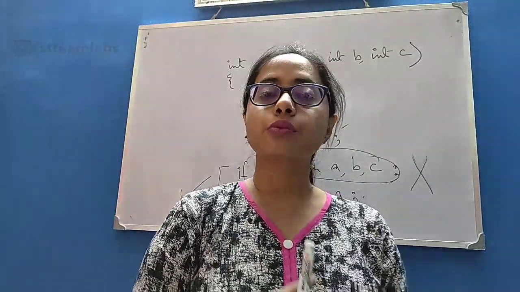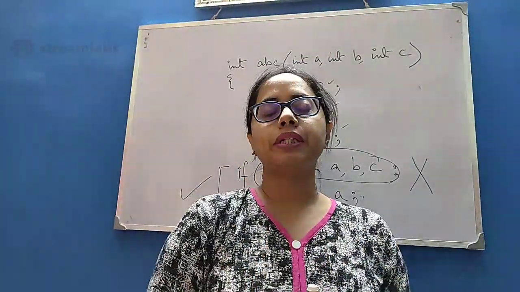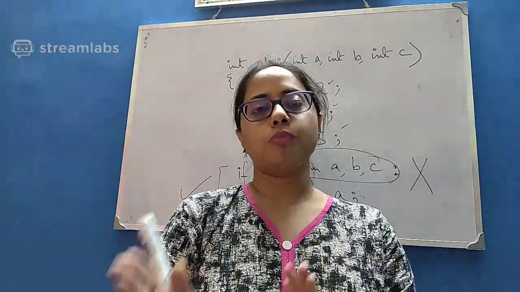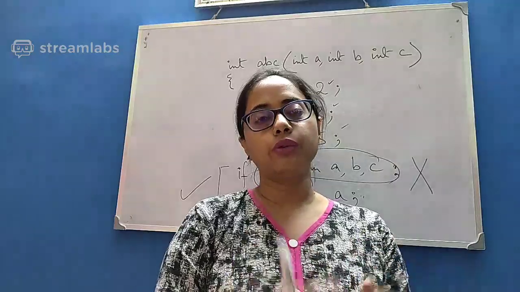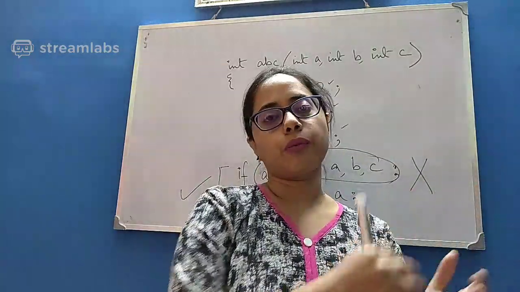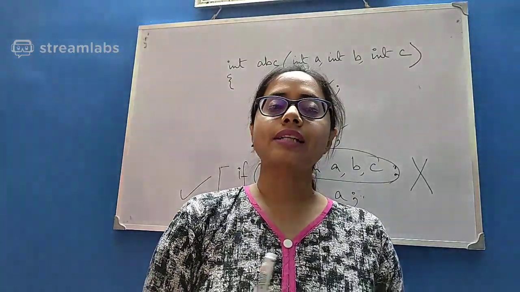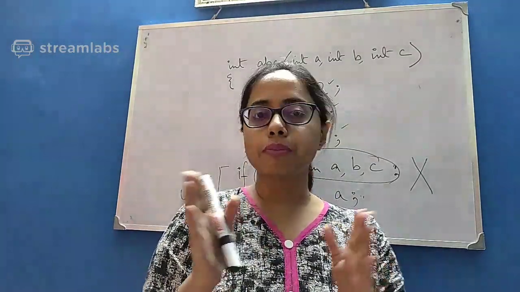Both the area and perimeter must be calculated by that single function, and we must be able to get hold of the calculated values from the main function from where we call it. That is the main reason why we have kept these constraints.